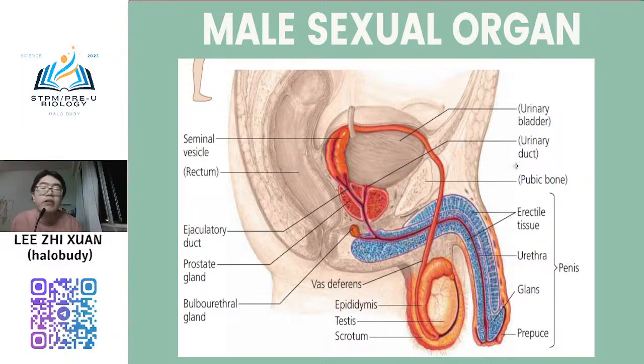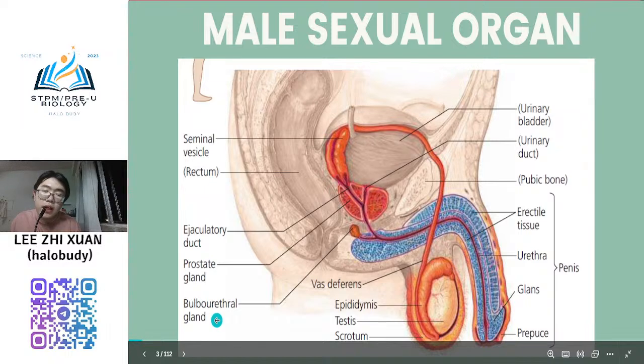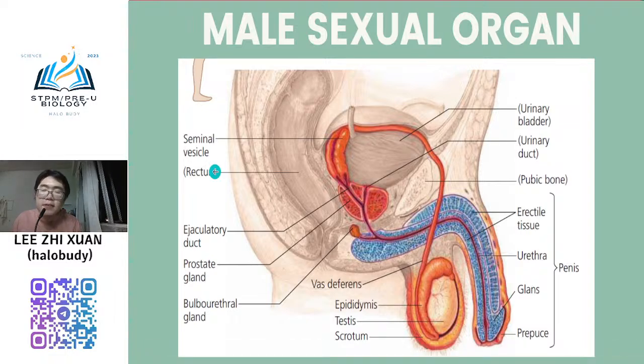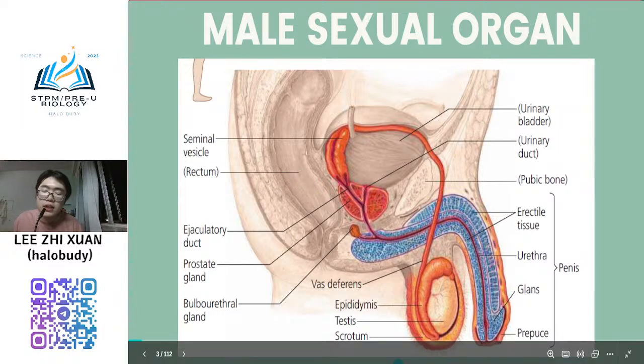In female, we cannot find testis, penis, prostate gland, bulbourethral gland, and seminal vesicle. These structures can only be found in males.